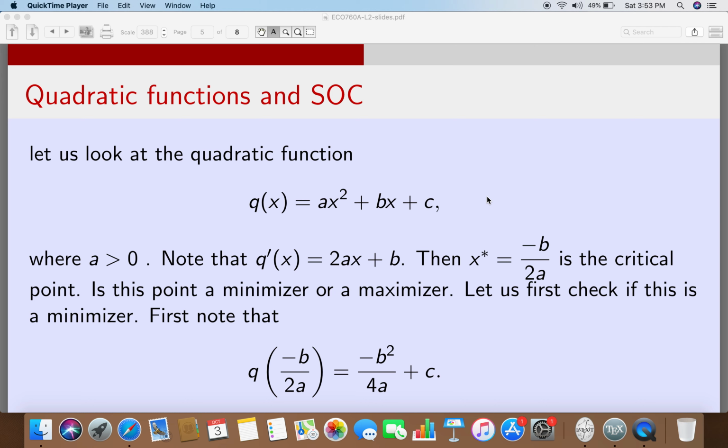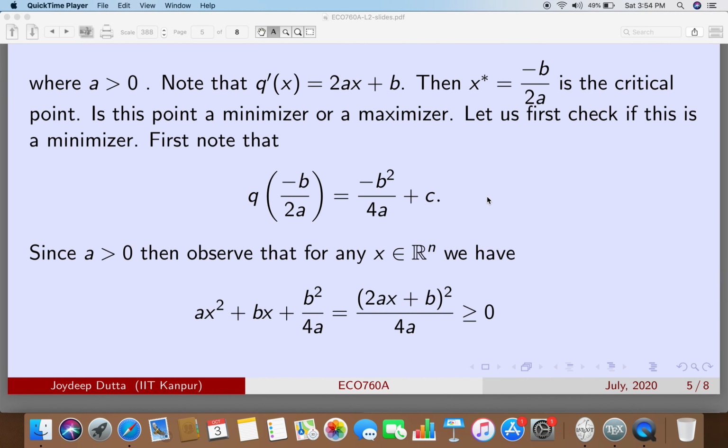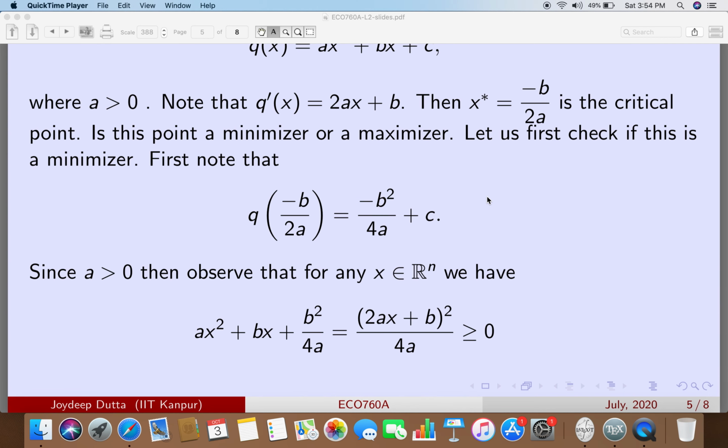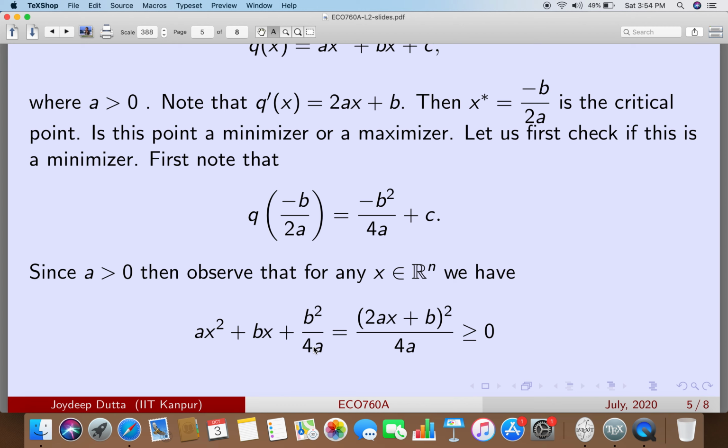So first let us find the functional value of q(x) at x star. So q of minus b by 2a, if you compute it, will become minus b square by 4a plus c. Now the interesting fact is that you will observe here that ax square plus bx plus b square by 4a is equal to (2ax plus b) whole square divided by 4a.